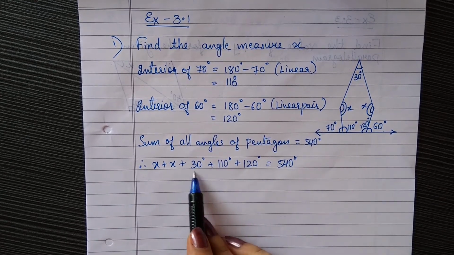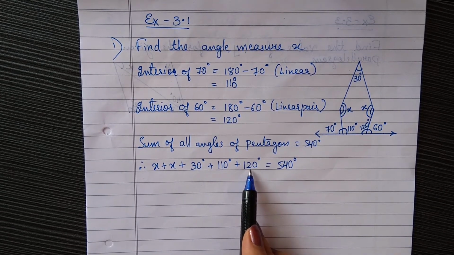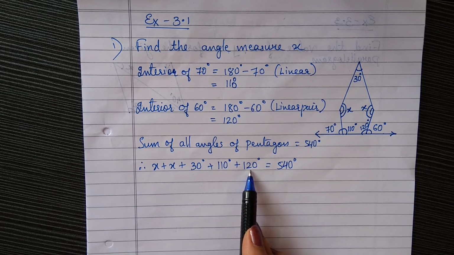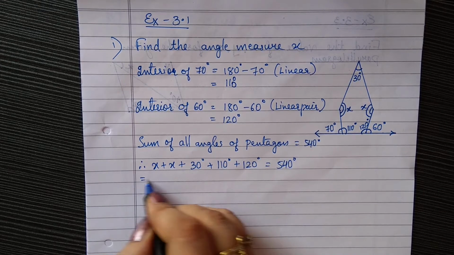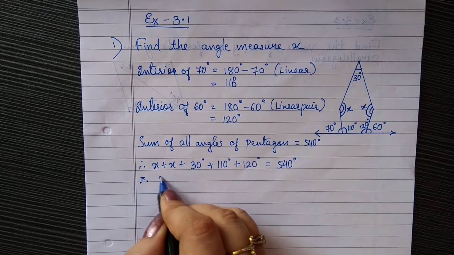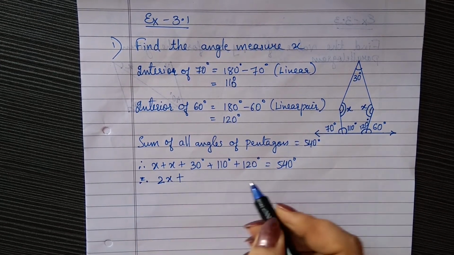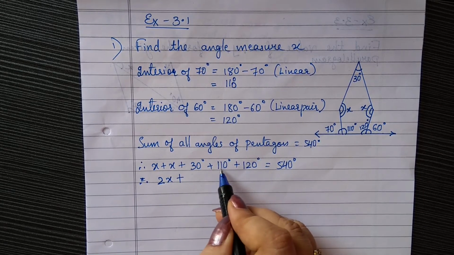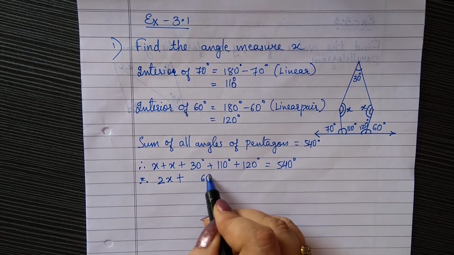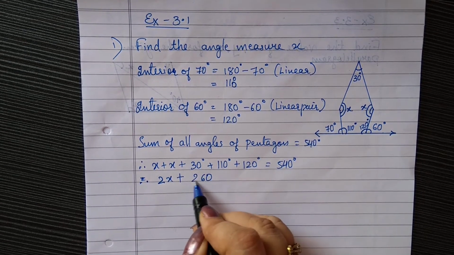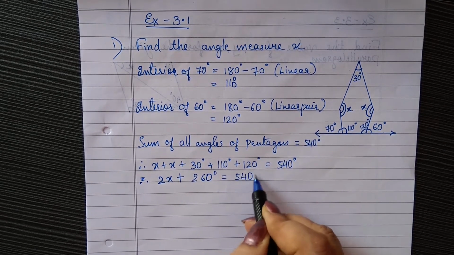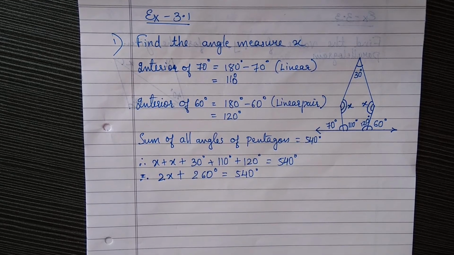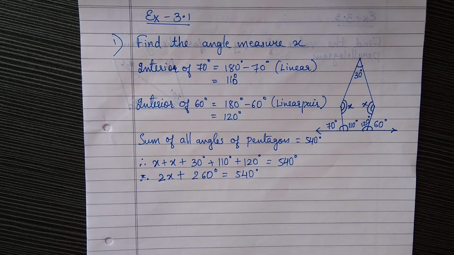Now what is 30 plus 110 plus 120? It is 260-degree. So 2x plus 260-degree we got as 540-degree.